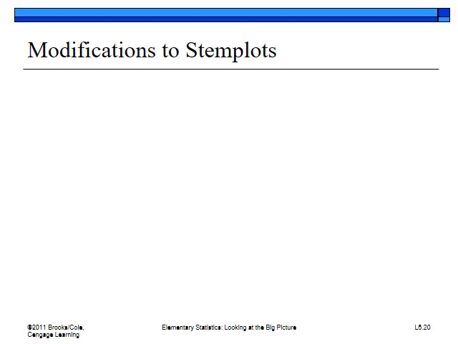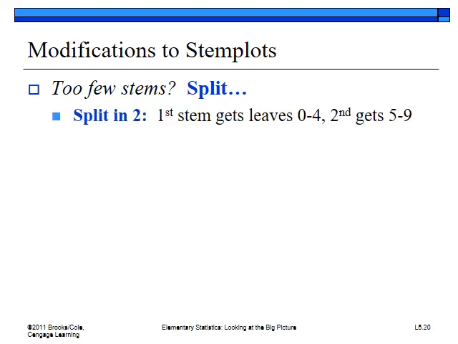Stem plots don't always work out exactly the way that we want them to. For example, we might have too few stems. If we have too few stems, we split them up so that each first digit becomes possibly 2 stems. When this happens, if the leaves are between 0 and 4 inclusive, they go in the first stem. If they're between 5 and 9 inclusive, they go in the second stem.